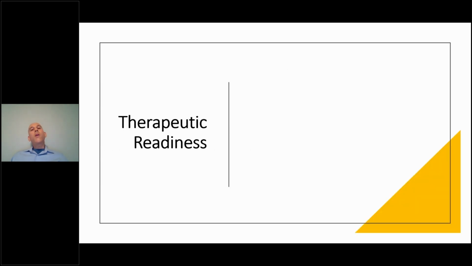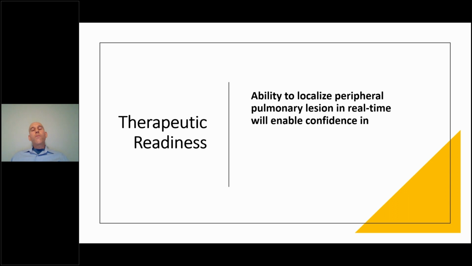So when we think about therapeutic readiness, one of the big things that we need to be confident in is that we can really see the lesion in real time. And if we can do that with something like ILLUMISITE, where we do the local registration and we know where the tumor is in real time, that's an incredibly impactful and confident part of the procedure, that we know we've identified the lesion correctly. And it can allow us to obtain the diagnosis.